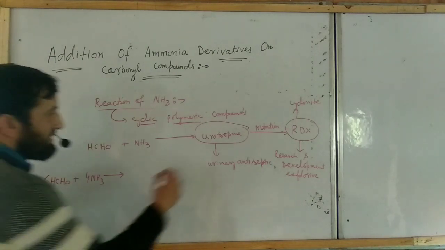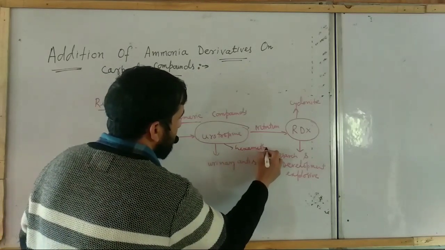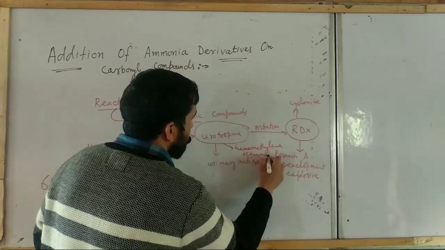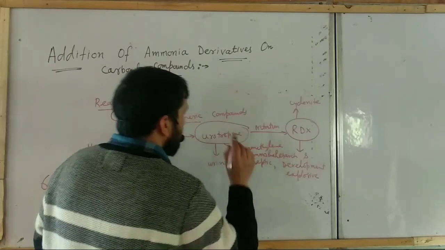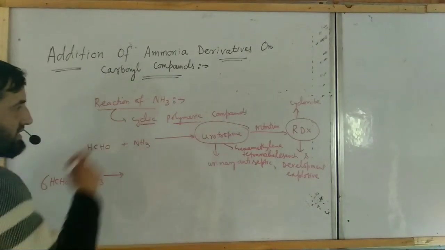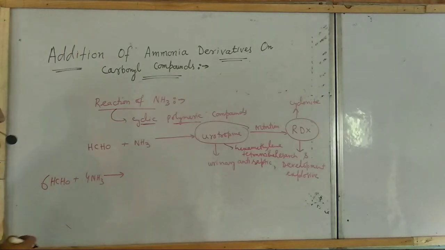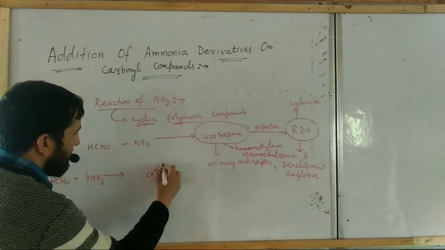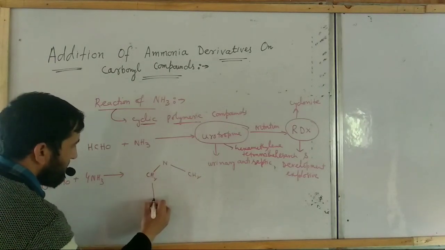This urotropine is hexamethylene tetraamine. That is, it contains 6 methylene groups, that is CH2 groups, and 4 amino groups. Like this, CH2 and single bond CH2. This is a complex structure.